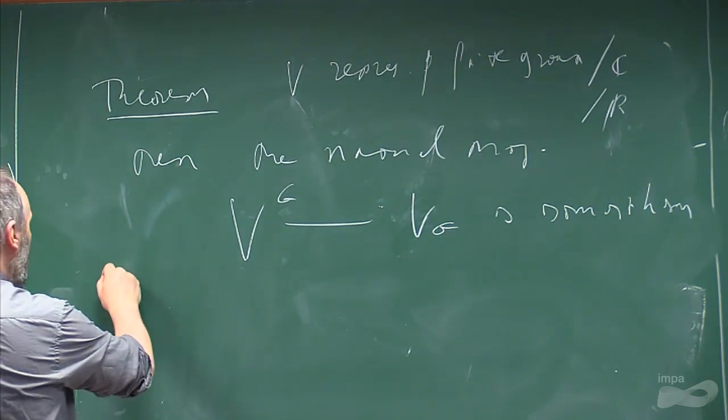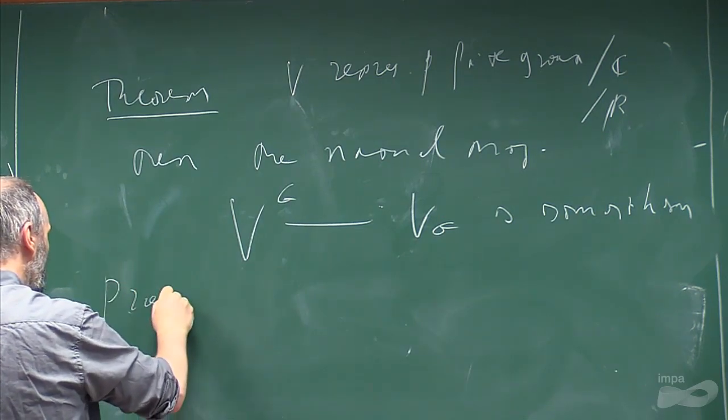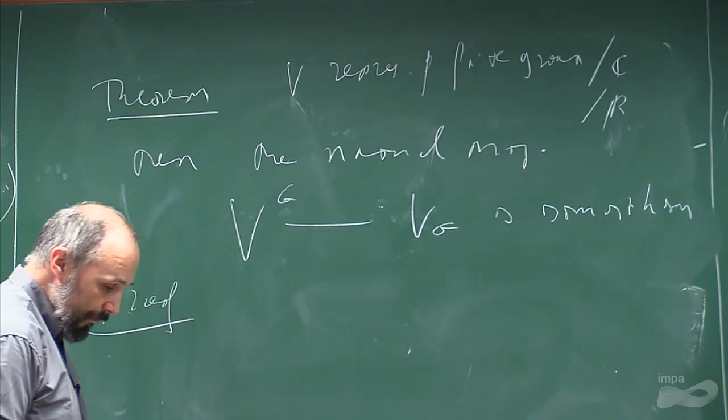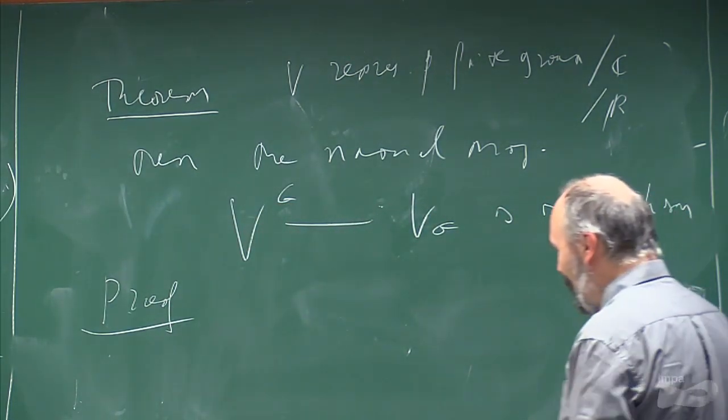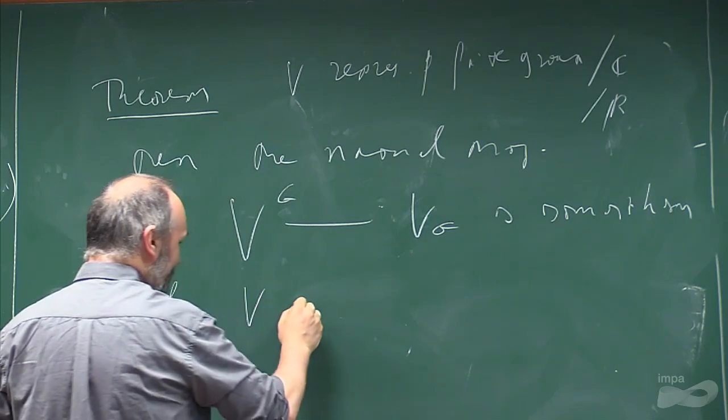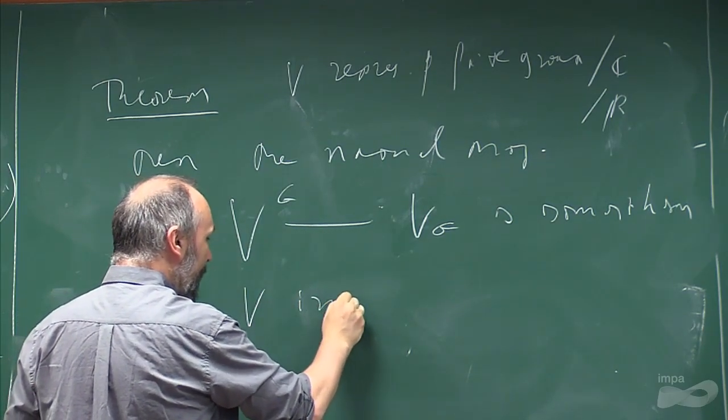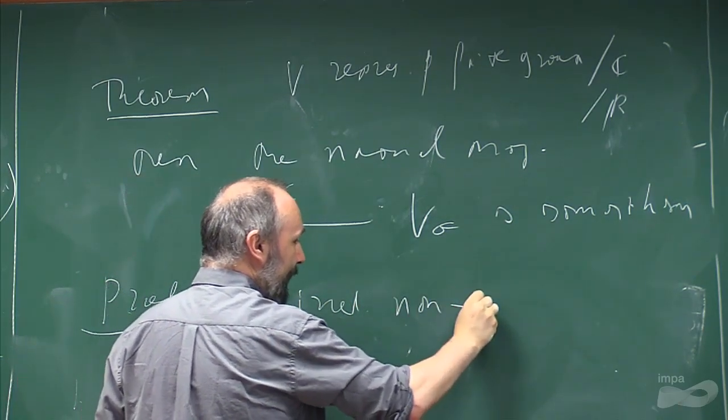Okay, so let me give you the proof. It's not hard. So suppose that V is irreducible, non-trivial.